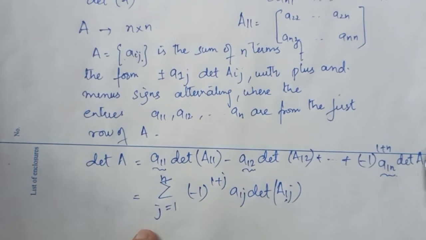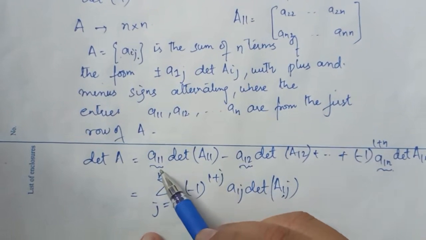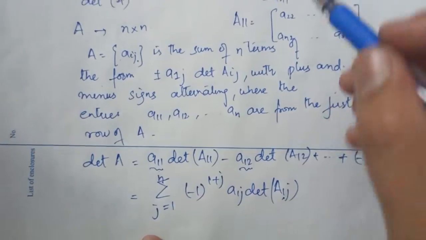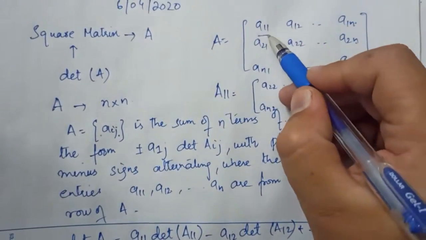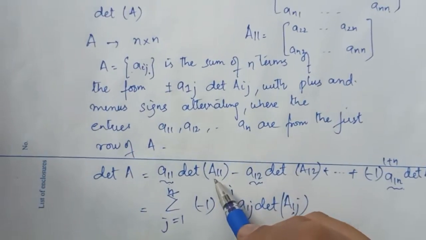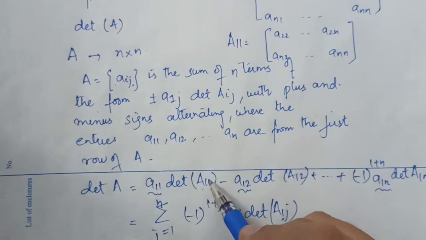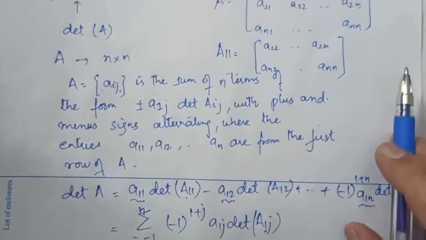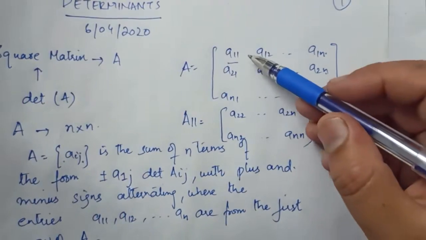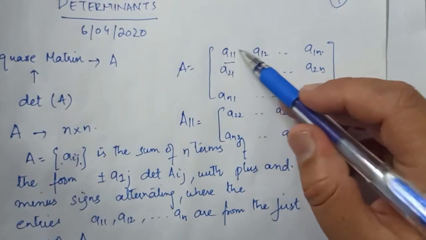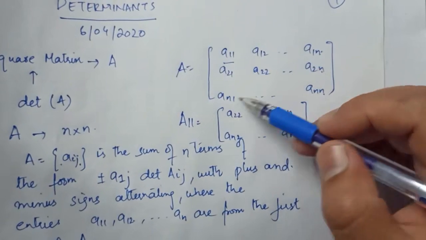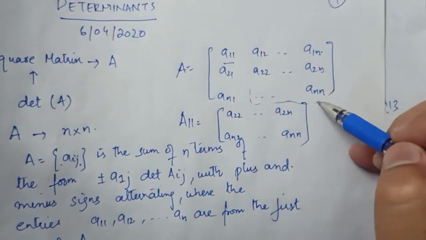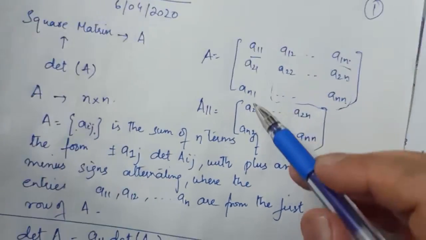So determinant of A can be written as A11, which is an element of this square matrix A, times determinant of A11, where you delete the first row and the first column of that matrix. If you delete the first row and first column, the remaining is this bit, written over here.